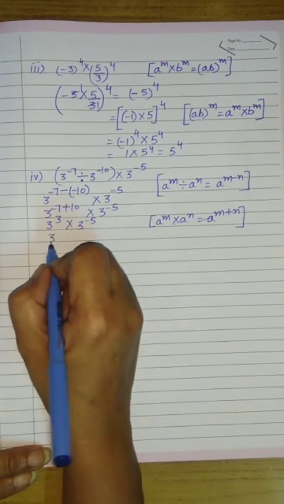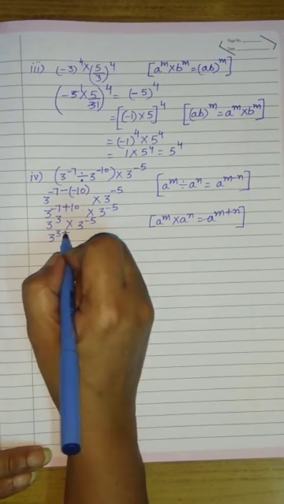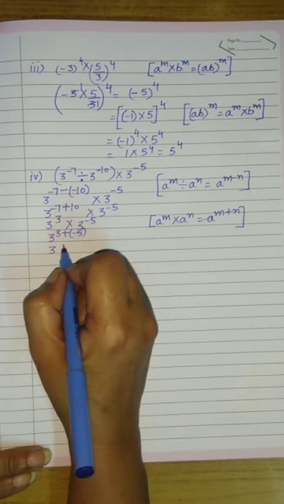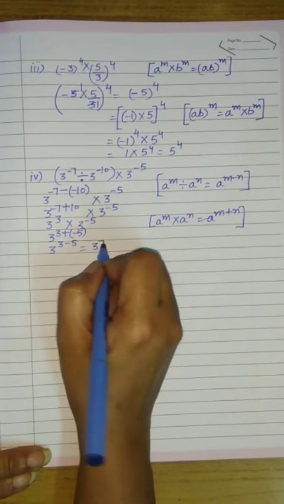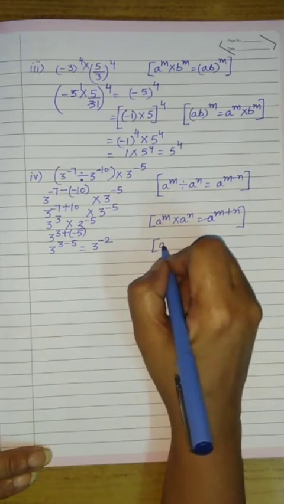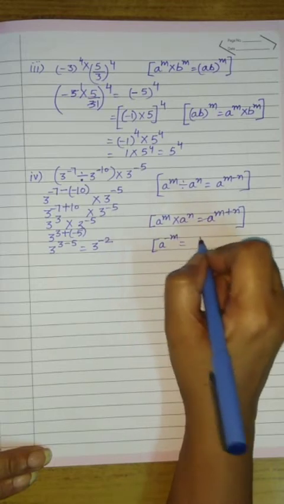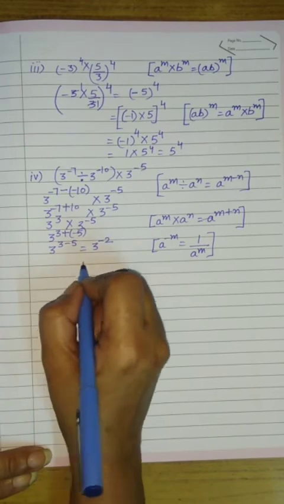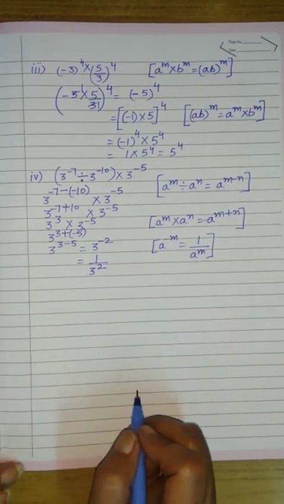So it will become 3^(3 + (-5)), which is 3^(3-5) is equal to 3^-2. Now we are using the law of exponent, that is a^-m is equal to 1 upon a^m. So it will become 1 upon 3^2.